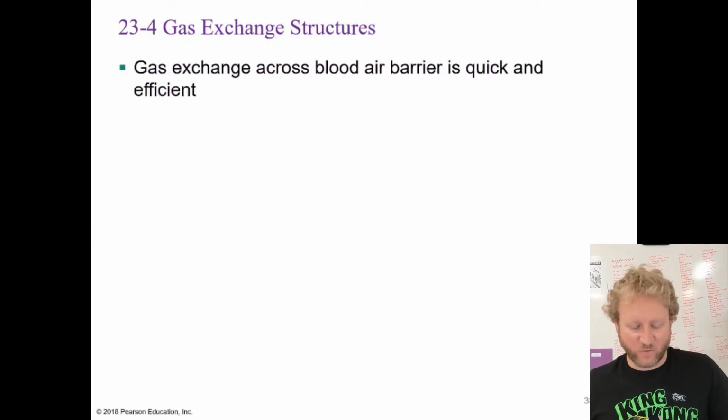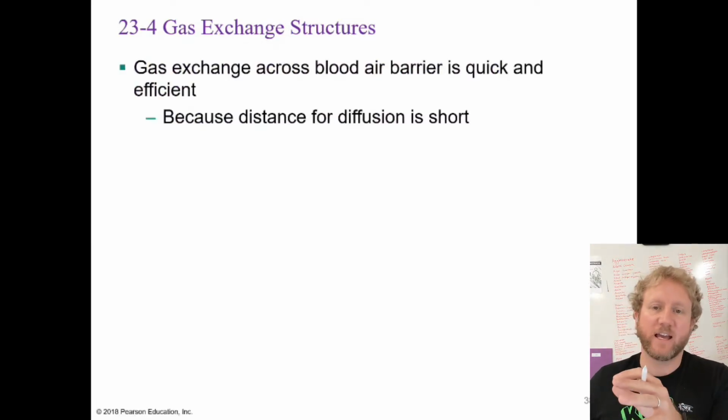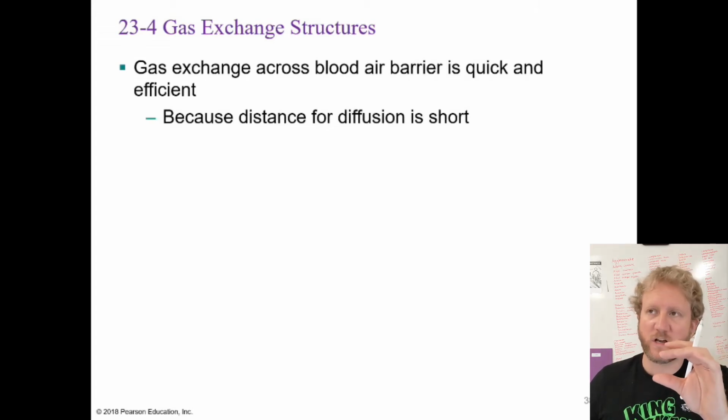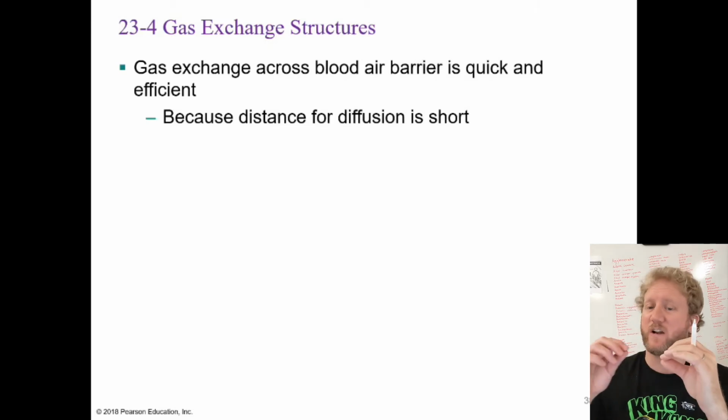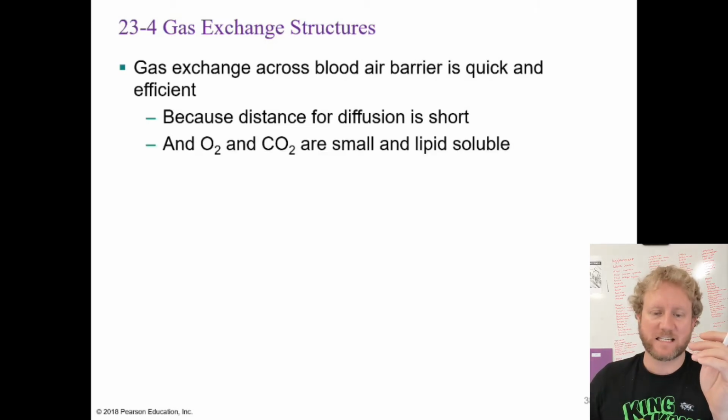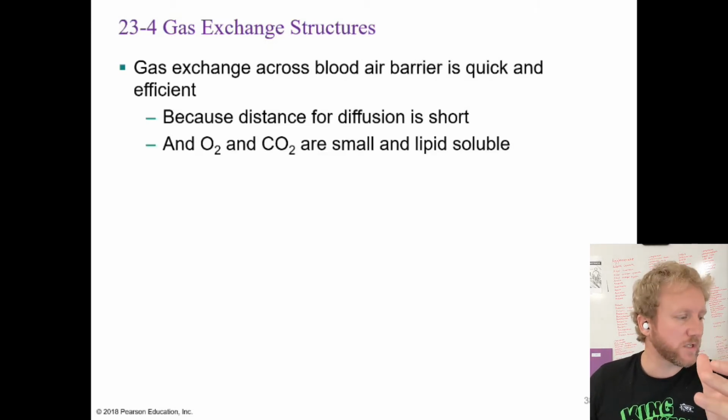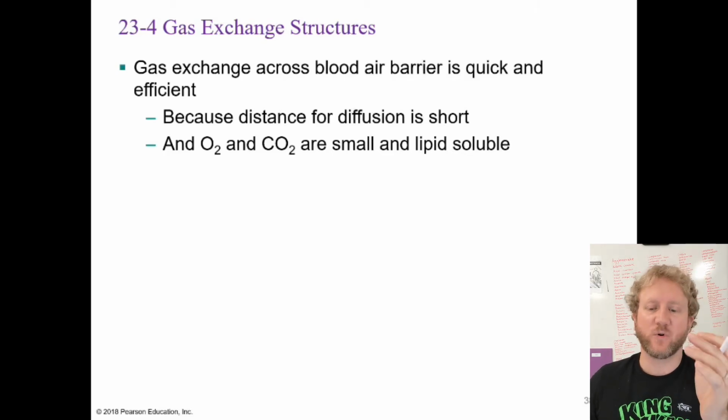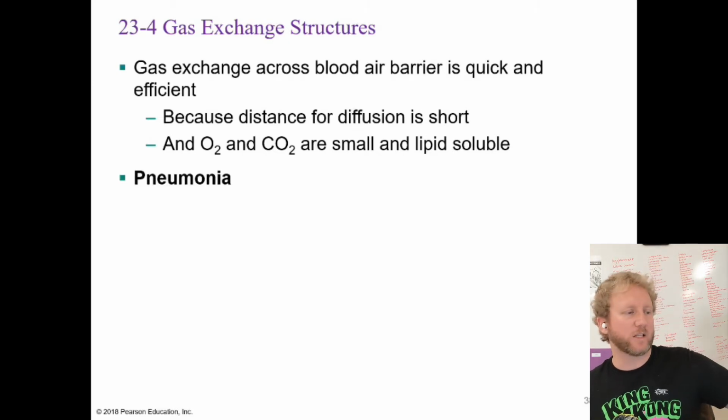This process is really, really fast because the distance for diffusion, we're talking about two cell layers basically, and those cells are very, very thin. So the diffusion distance is very, very short. O2 and CO2 are both very small molecules. They're lipid soluble, so they pass through the cell membranes very, very quickly.